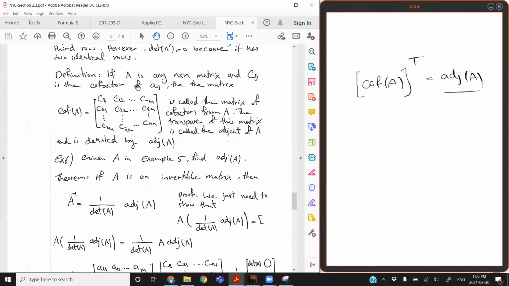So definition: if A is any n by n matrix and Cij is the cofactor of Aij, then this matrix here is called the matrix of cofactors from A, the transpose of this matrix is called the adjoint matrix, and that's how we denote that, adj A.